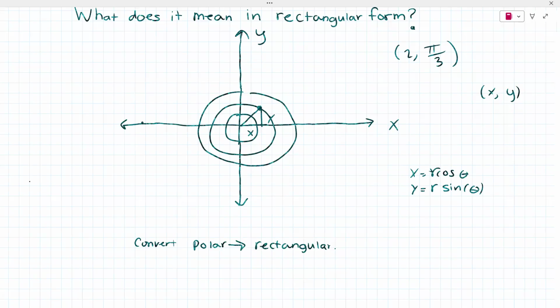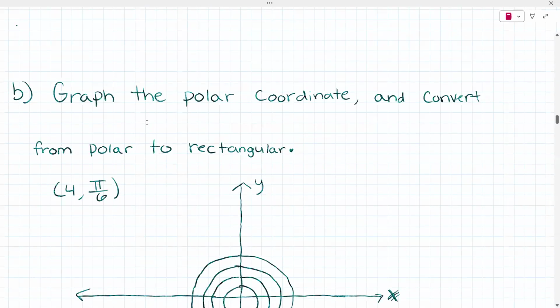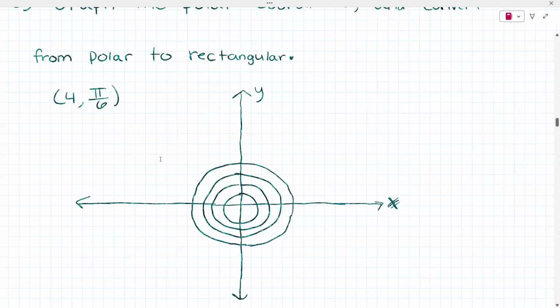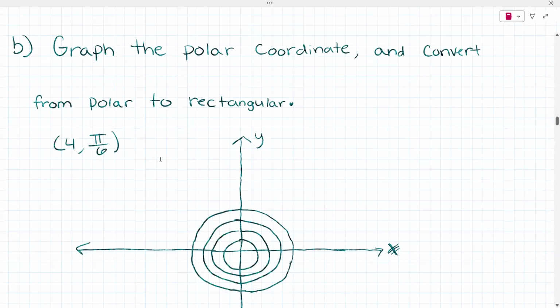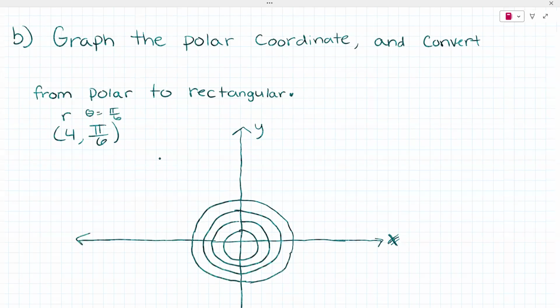Okay, let's do example B. It says graph the polar coordinates and convert from polar to rectangular. So we have it in polar and we have to somehow convert it to rectangular. My radius is 4 and my theta is positive pi over 6. So here's a graph.